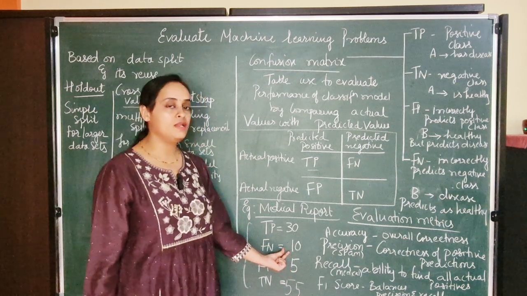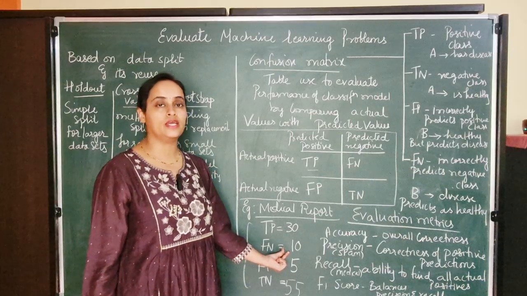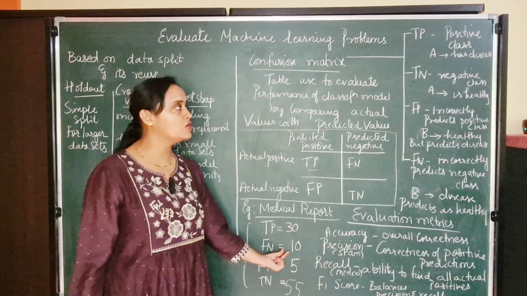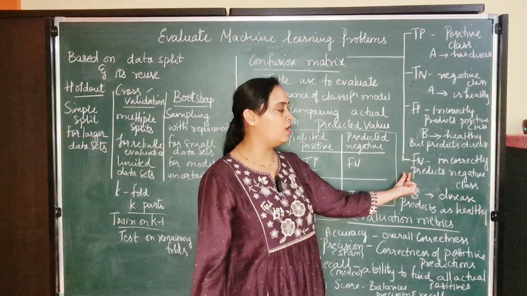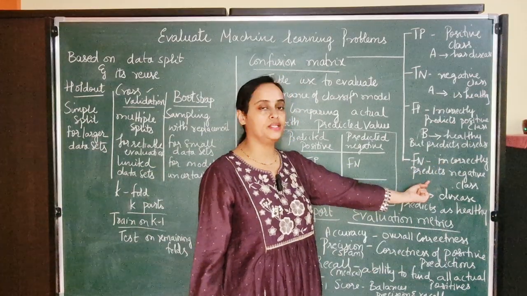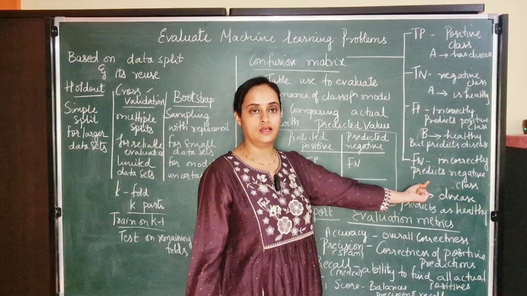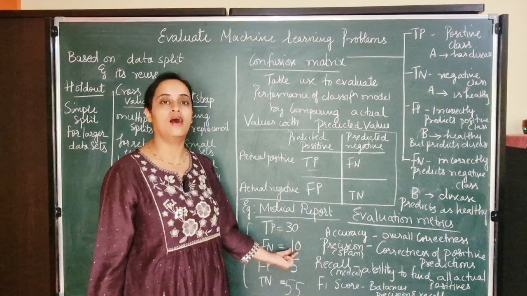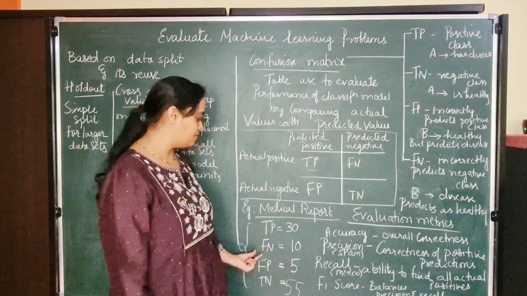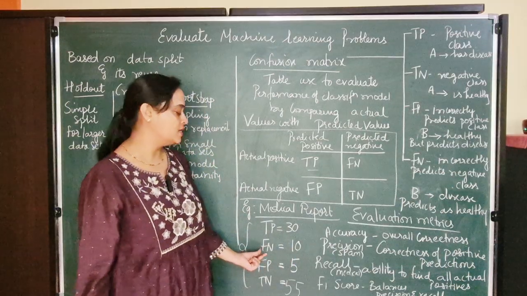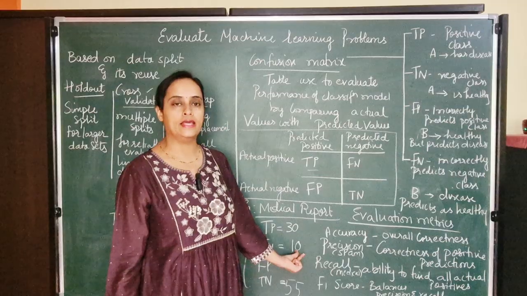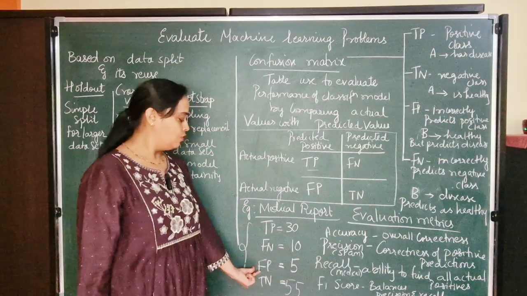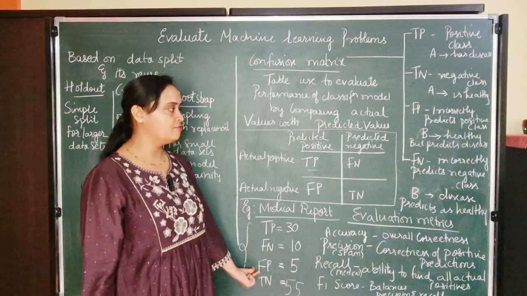False negative means incorrectly predicting the negative class. Even though these 10 members are diseased, it gives a false negative report that they are healthy. Next, false positive is 5.